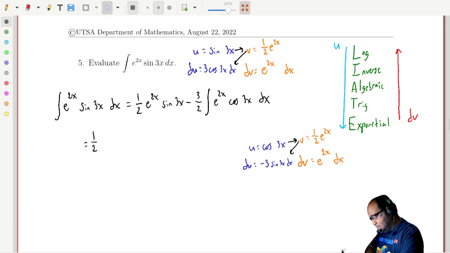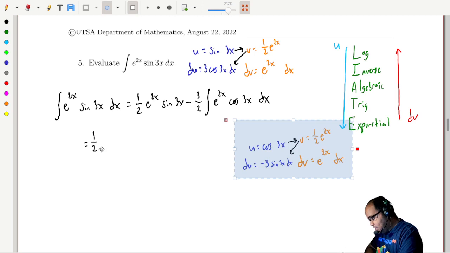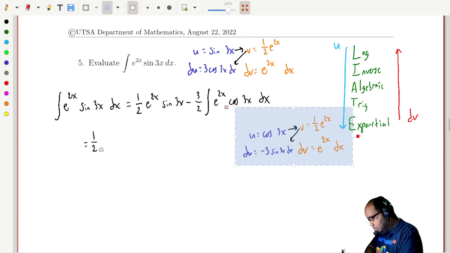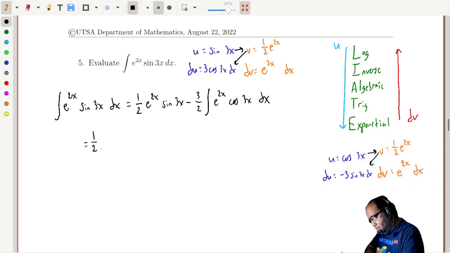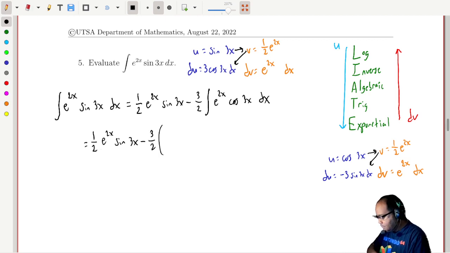Actually, let me go ahead and move this stuff here. I'm gonna need a bit more room. So 1/2 e to the 2x sine 3x minus 3/2, and now this is gonna be the new integral. U times v once again. It's gonna be another 1/2 that comes out.